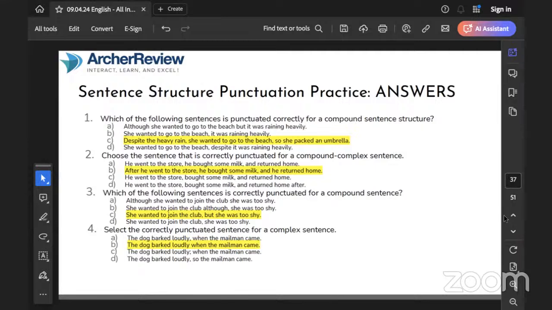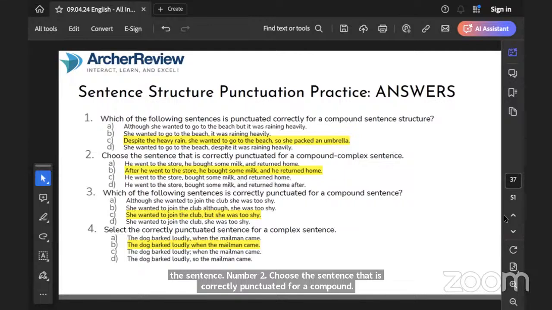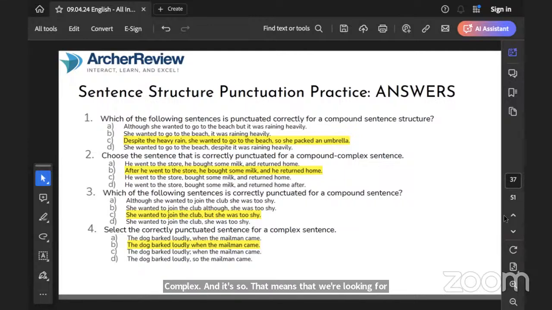So let's look at it. Number 2: choose the sentence that is correctly punctuated for a compound complex sentence. So that means that we're looking for at least 2 independent clauses and at least 1 dependent clause. So, C. Sorry, something was blinking on my screen. C. He went to the store. Independent clause. Bought some milk.